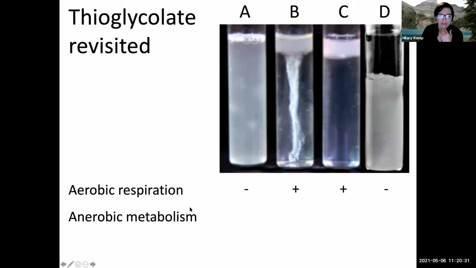Which of these can do anaerobic metabolism? Which of these tubes? Write in the chat using these letters, which of these tubes show that the microbe can do anaerobic metabolism? Good.